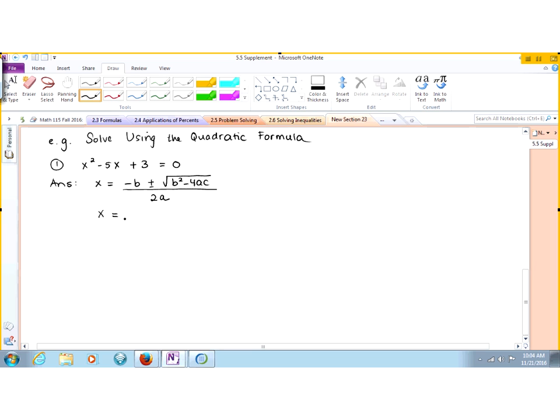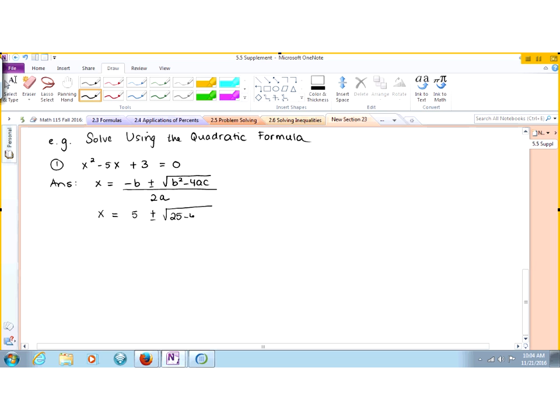Do I know what negative b is? What is negative b? 5? No, negative of negative 5, so it is 5. Plus or minus. Why is it plus or minus? Because there are two answers. One is plus, the other one is minus. Square root of b squared.